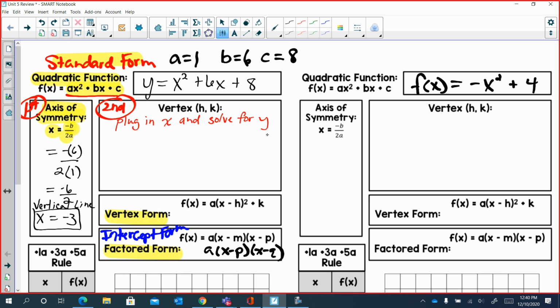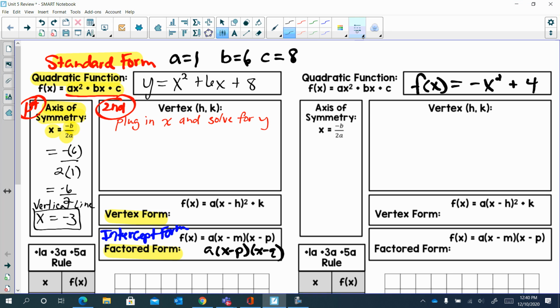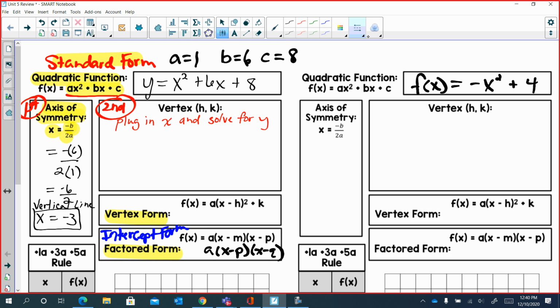Now, the equation, sorry. So, I'm going to use parentheses anytime I'm plugging it in.